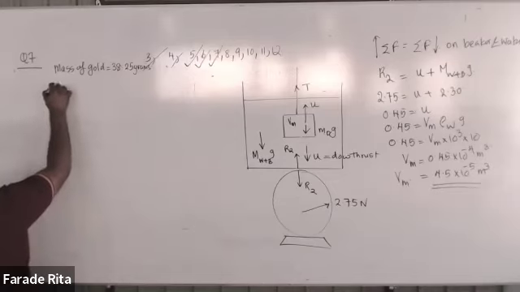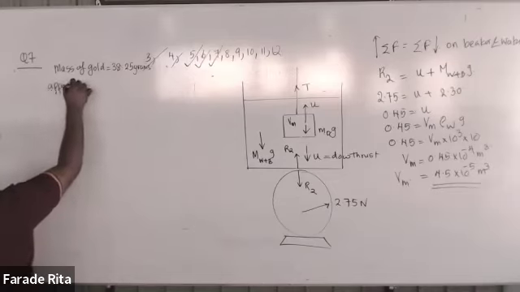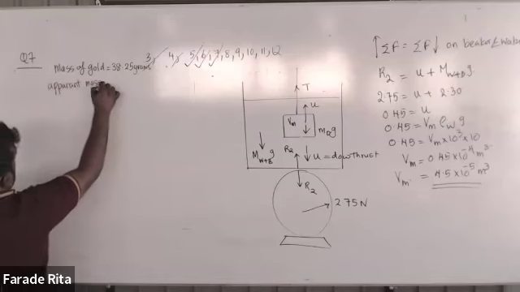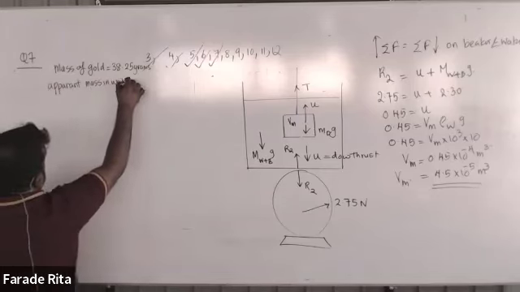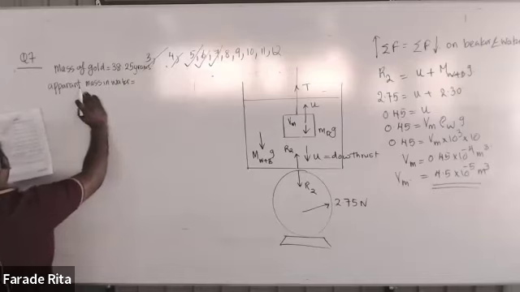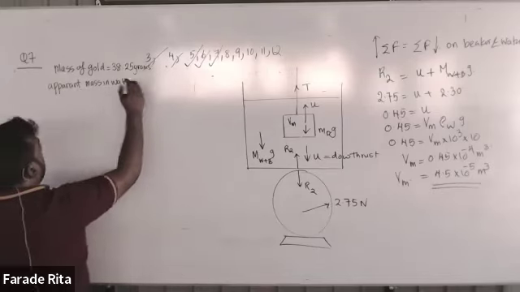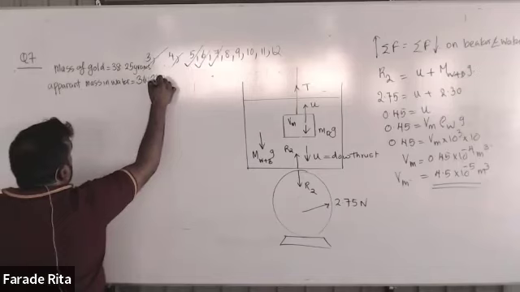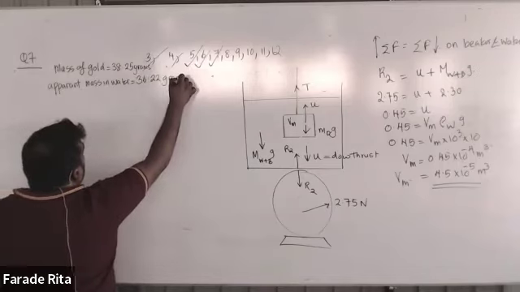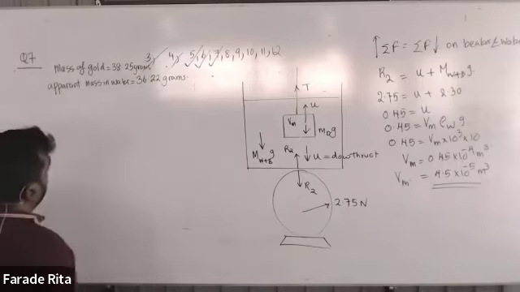Apparent weight in water, or apparent mass in water, 36.22 grams. That's your tension.